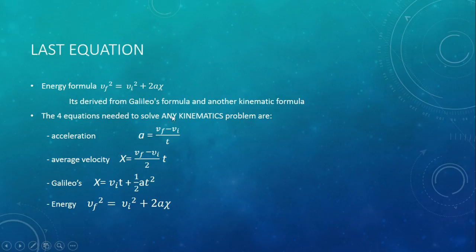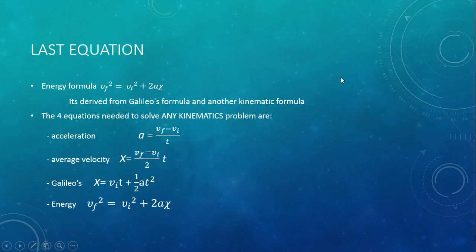So this formula says final velocity squared is equal to initial velocity squared plus 2 times acceleration times displacement. And the useful part about this is you don't need to know anything about the time. You just need to know the initial, final, acceleration, and the path it took to get there.